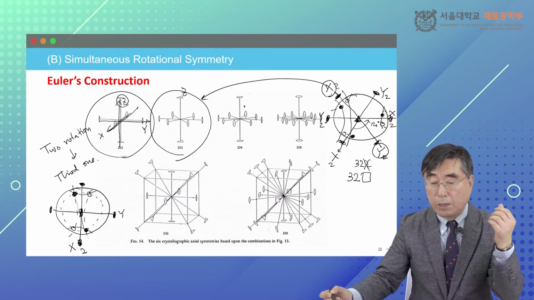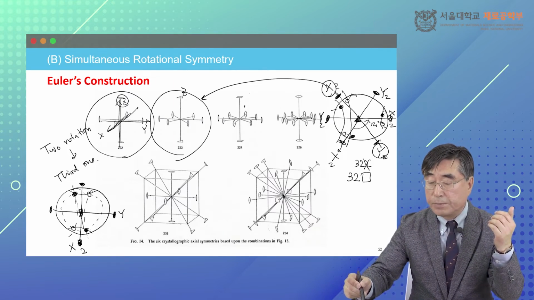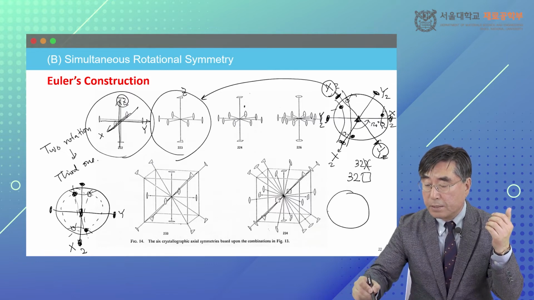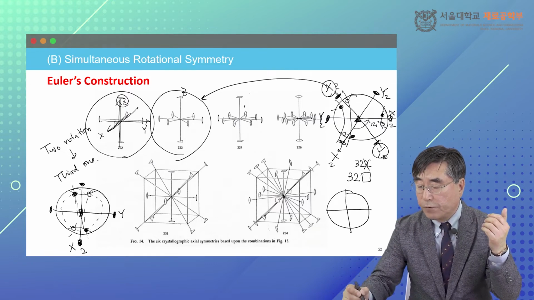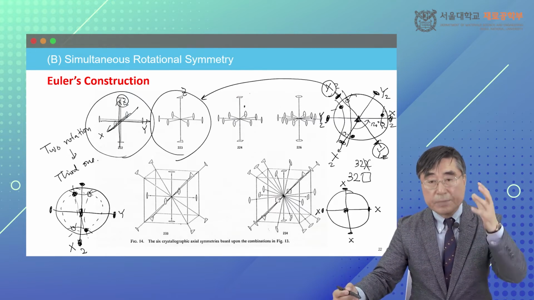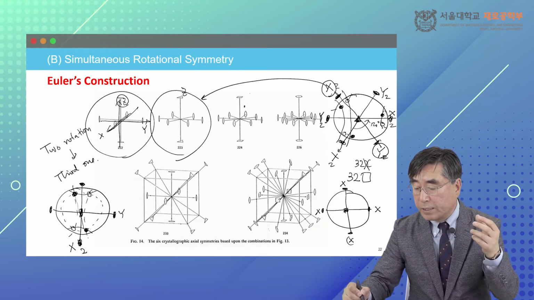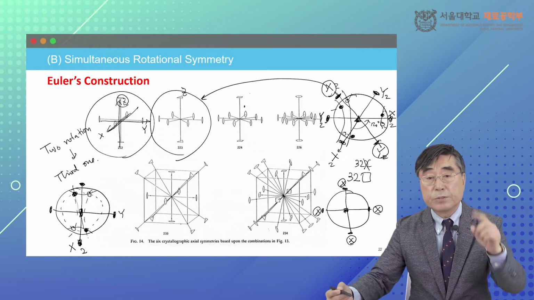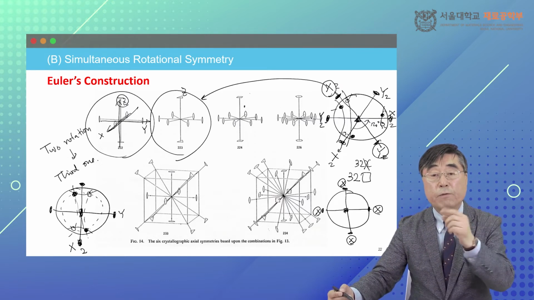Now 2, 2, 4. This becomes complicated. Now this is 4-fold. I draw 2-fold. This is x-axis. Symmetry-wise, this is x, this is x, and this is x, because this is all generated by the 4-fold symmetry.